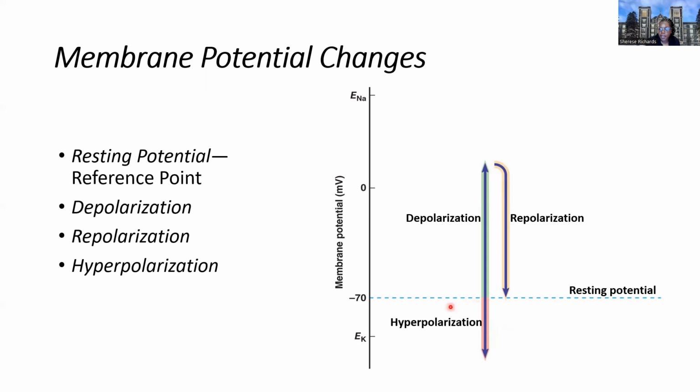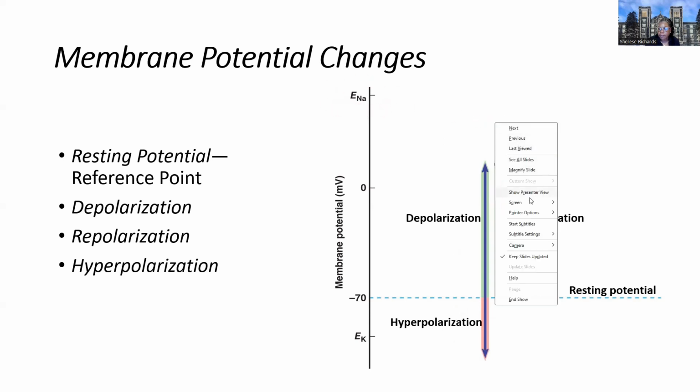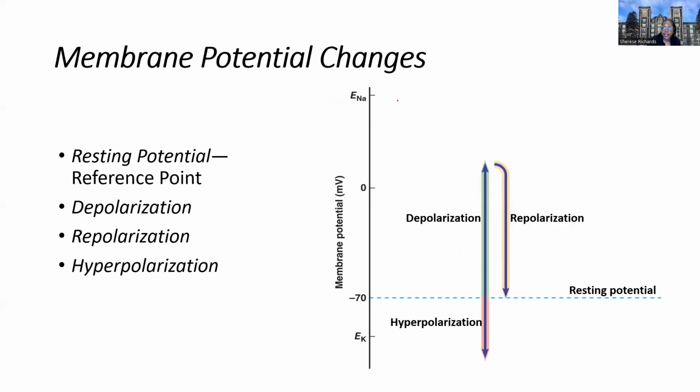And this is typically when we engage potassium's movement. And we want to remember here that sodium is comfortable way up here. Remember, sodium has an equilibrium potential at +60. So all the way up here is +60. Potassium is at home way down here. So potassium's equilibrium potential is -94.